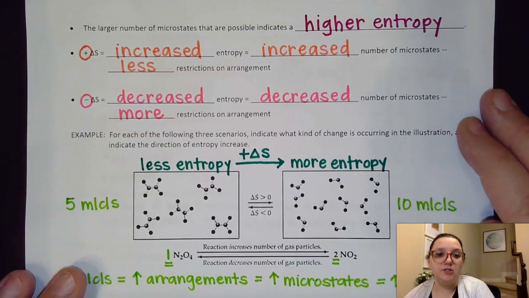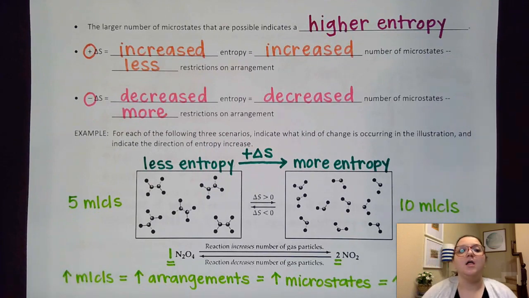So as I mentioned just a moment ago, the larger number of microstates that are possible indicates a higher entropy. So again, don't think about entropy in terms of disorder. Think about it in terms of microstates, in terms of arrangements.